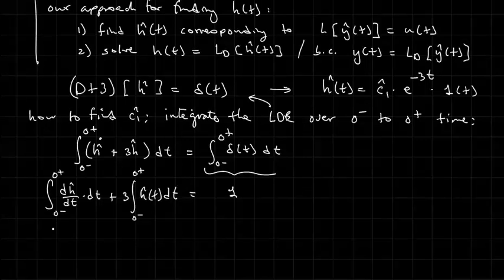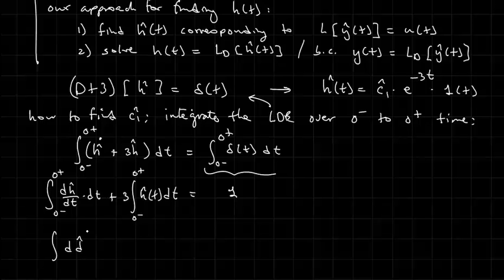Okay, so now this first integral simply becomes, the dt's cross, the integral of dh hat evaluated from h hat 0 minus to h hat 0 plus.